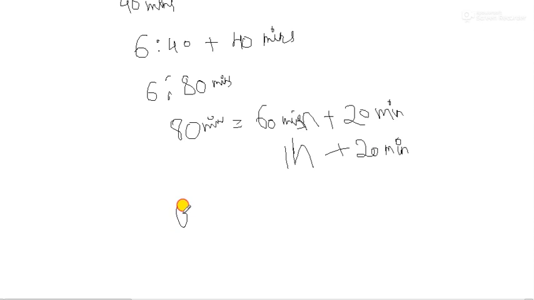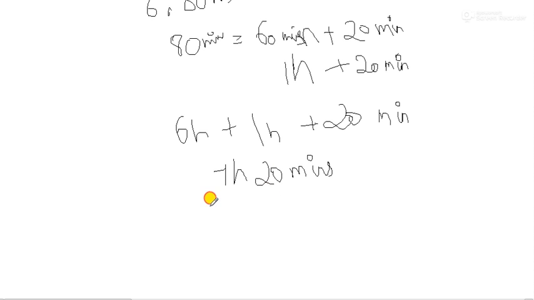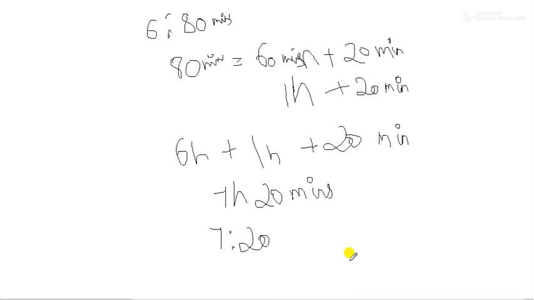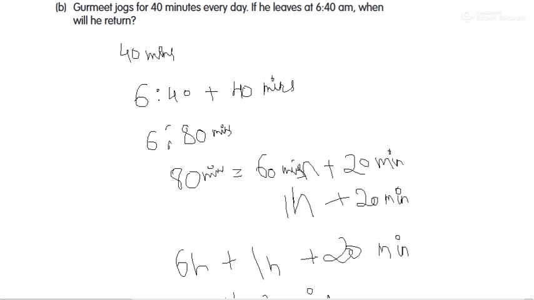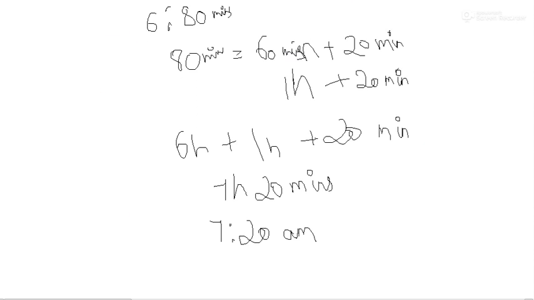So add 6 hours plus 1 hour plus 20 minutes. Here 6 plus 1 is 7 hours 20 minutes. Here 7:20, he will return at 7:20 AM. So Gurmeet will return at 7:20. So write down here.